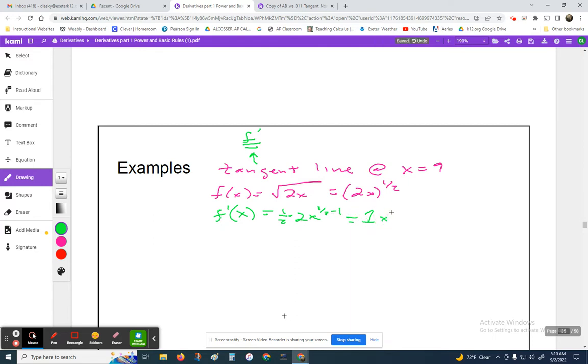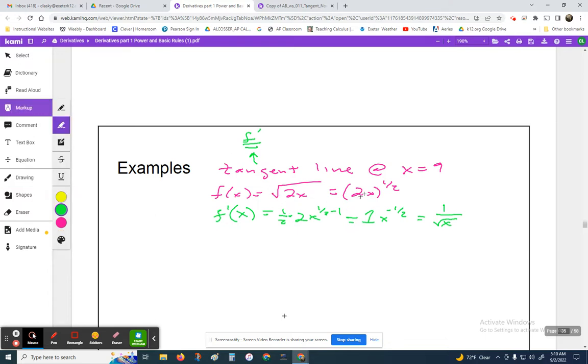So x to the negative 1/2, which cleans up into 1 over the square root of x. Okay, you guys kind of see how I did that. There's a lot of algebra and just remembering some really old stuff. So the key point I want you to look at right here is the fact that I changed this square root here into 1/2, and then that 1/2, because I subtract 1, that is not a good color to do with that.